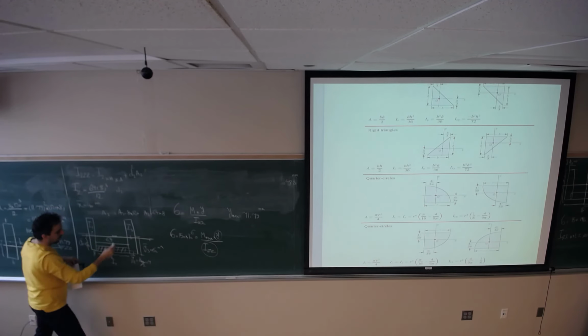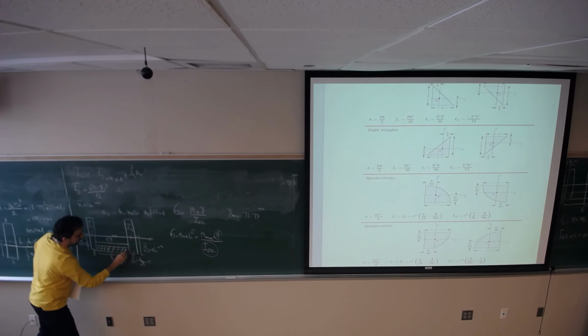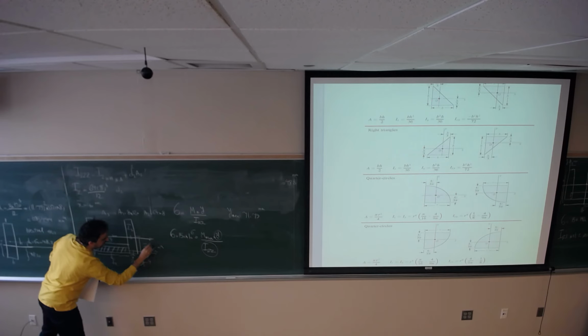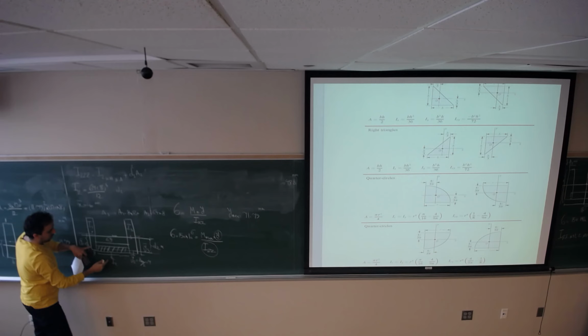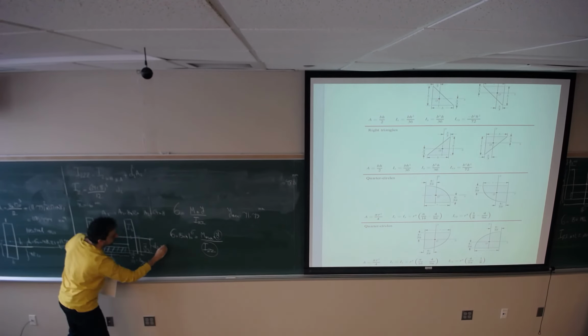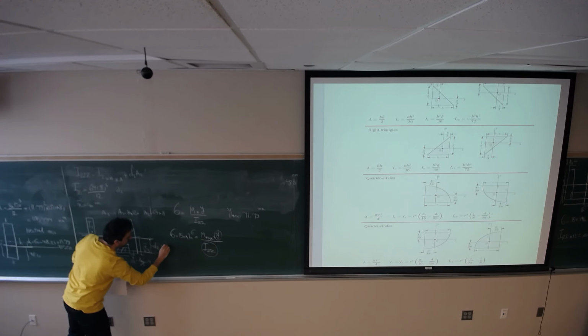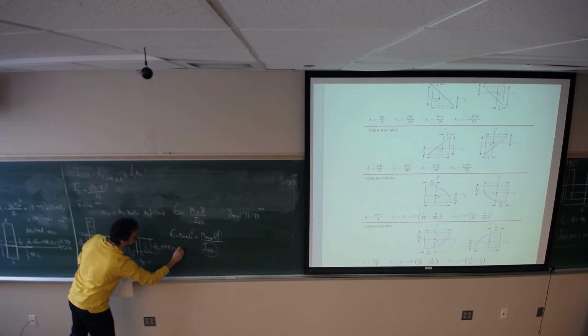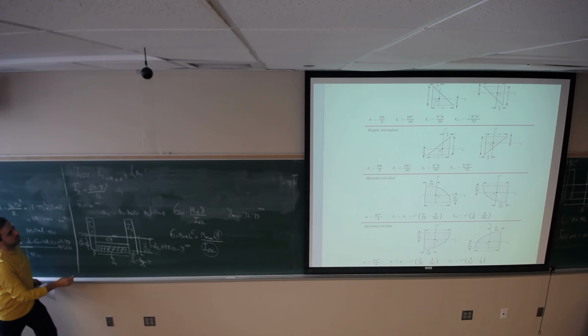D2 would be this distance, from here to here, which is 48.21 minus 8 minus 4 millimeter, which is 44.21.